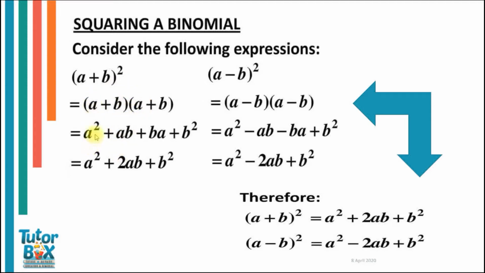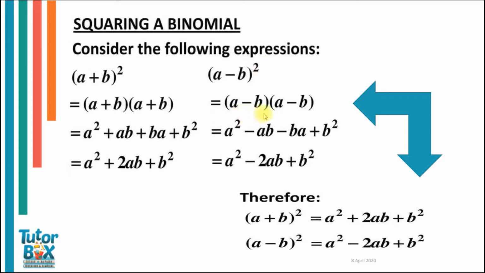So this will be a squared plus ab plus ba plus b squared. Okay, a times a, a squared, a times b, ab, b times a, ba, b times b, b squared. This will be equal to a squared plus 2ab plus b squared. Right, and then this part, we have a minus b squared.